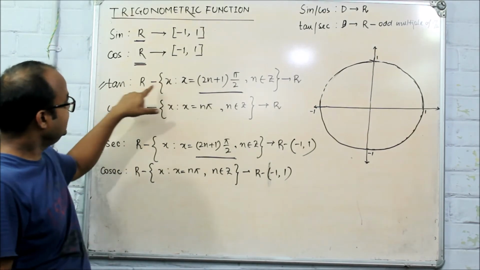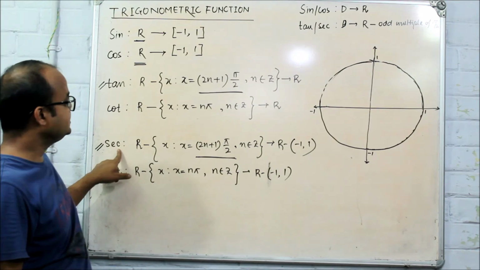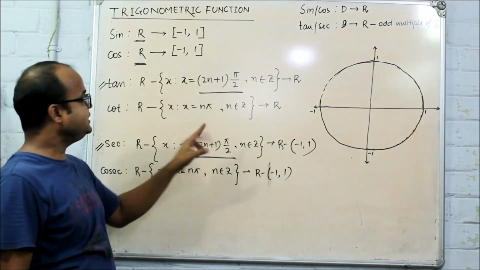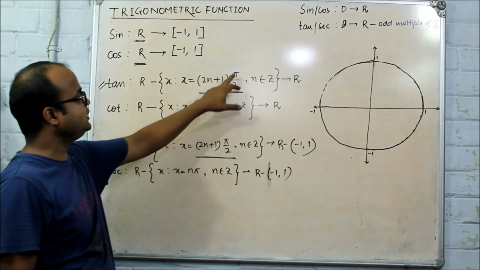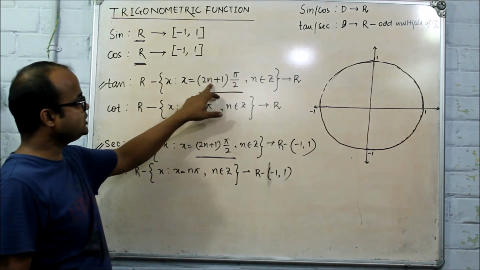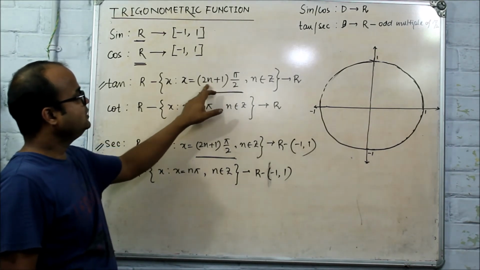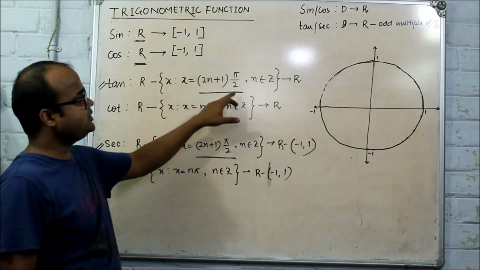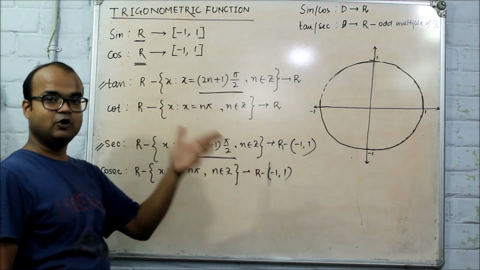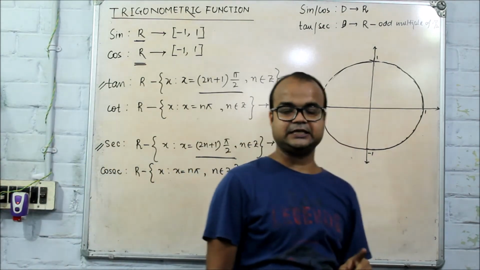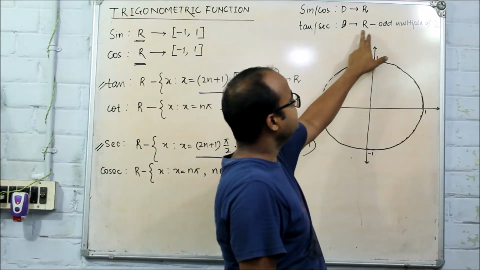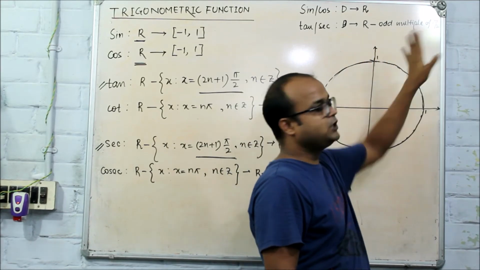So tan and sec domain is R minus (2n plus 1) pi by 2. If n is equal to 0 it is pi by 2, if n is equal to 1, 3 pi by 2, n is equal to 2, 5 pi by 2, so 1, 3, 5 are all odd numbers. So you can remember: tan and sec domain is R minus odd multiple of pi by 2.